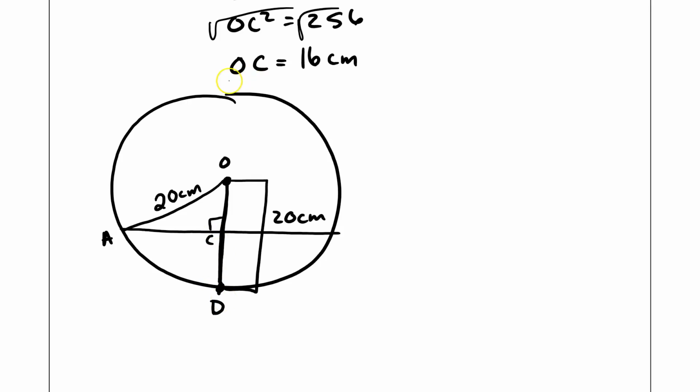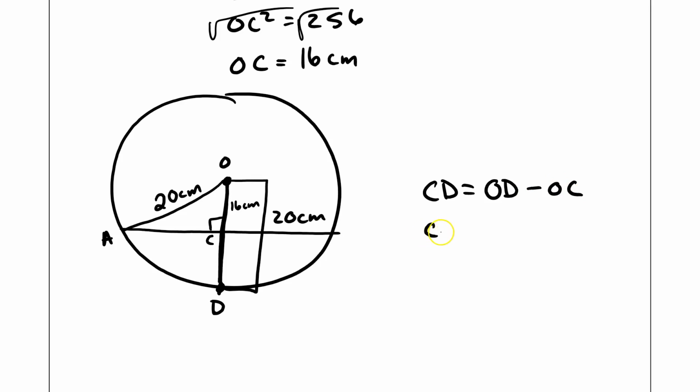We just found out that OC is 16. So if OD is 20 and OC is 16, we can find out what this little section here is, no problem. CD equals OD minus OC.